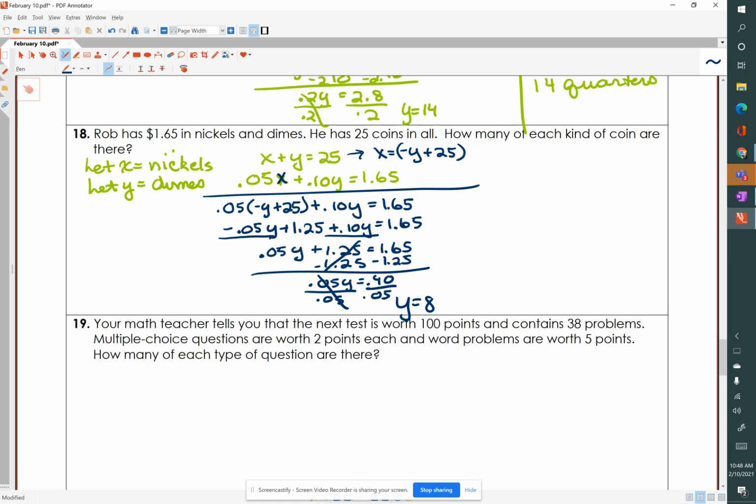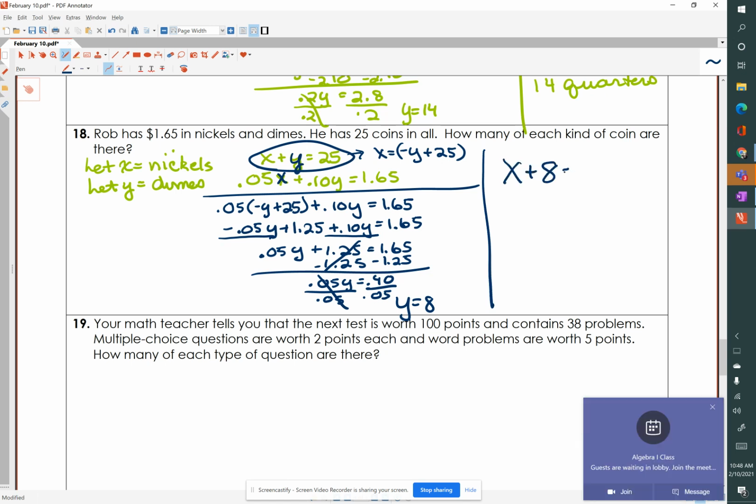Now we're going to substitute 8 for y in the first equation. And x will equal 17. So that means 17 nickels and 8 dimes.